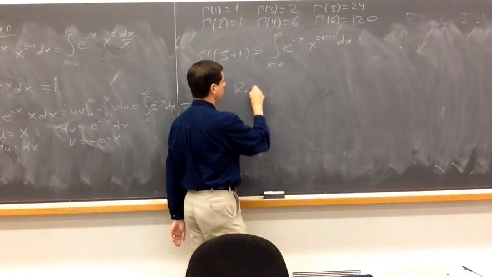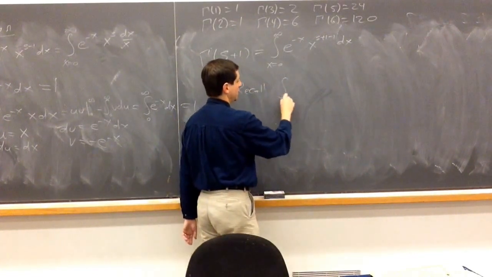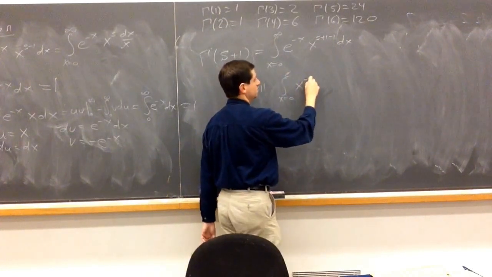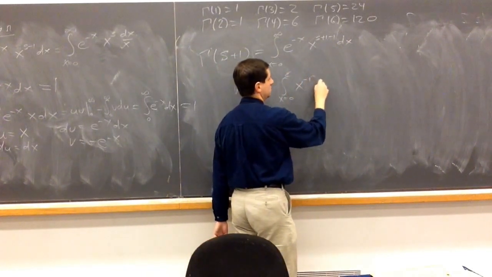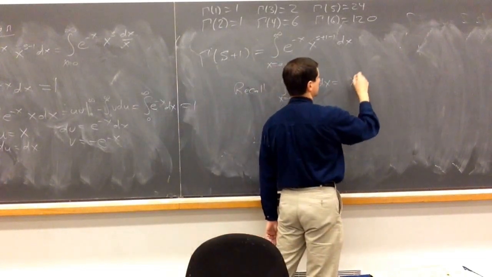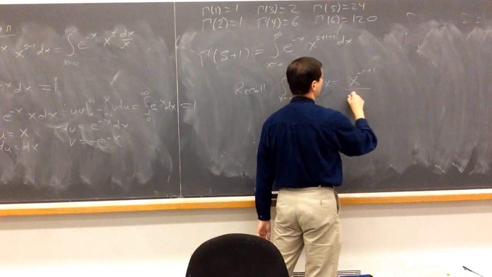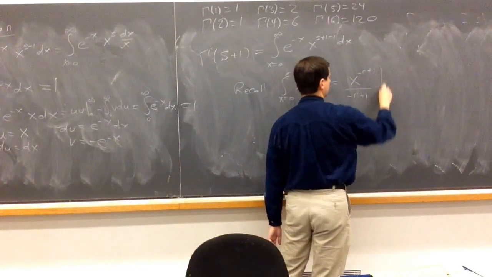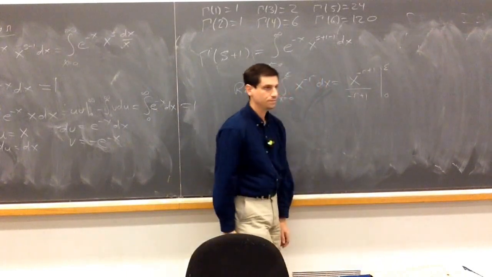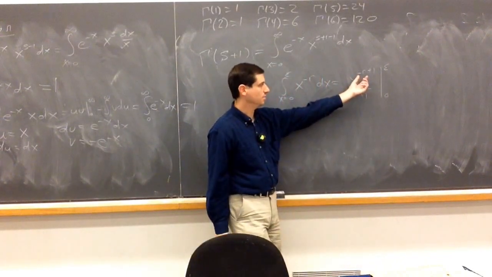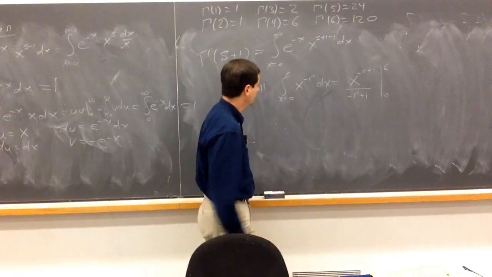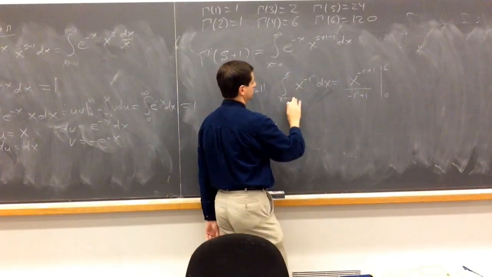Just as a quick recall, the integral as x goes from 0 to epsilon of x to the minus r dx is equal to x to the minus r plus 1 over minus r plus 1, evaluated at 0 and epsilon. Well, at epsilon is no problem. Oh, I'm sorry, I probably want to do it the other way. Don't go from 0.